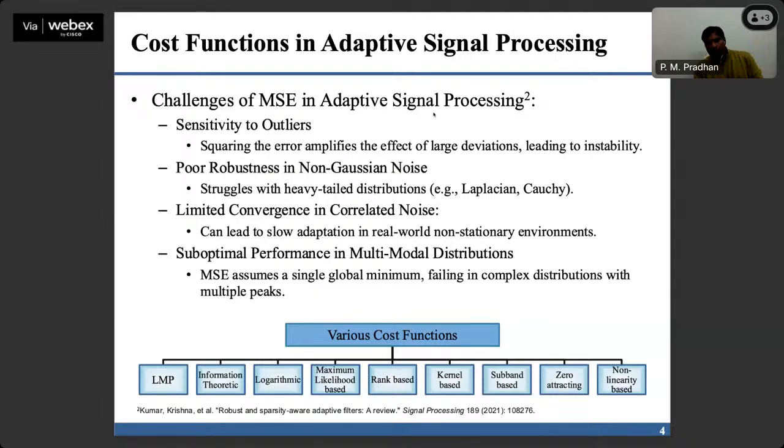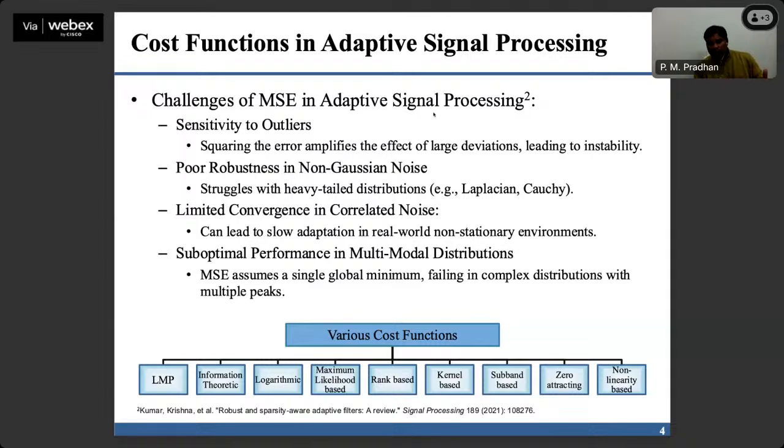So, additive white Gaussian noise, AWGN, is the general term that we use for conventional systems. In those scenarios, all the noise samples are uncorrelated to each other. But it's not necessary that every system will face uncorrelated noise.